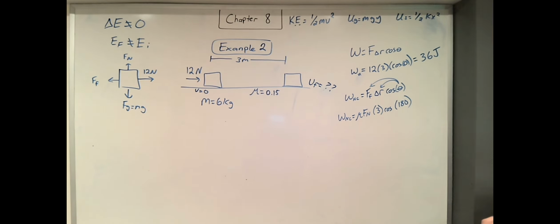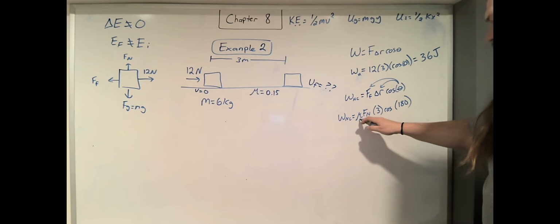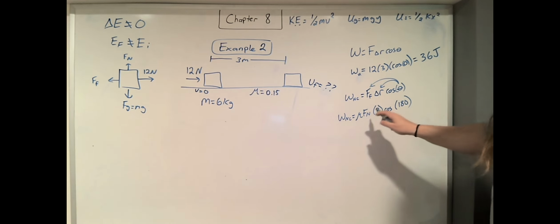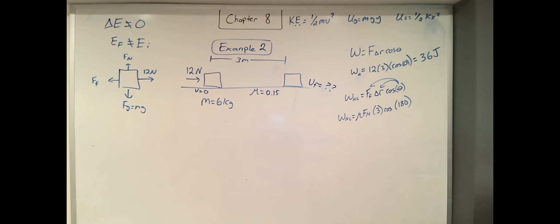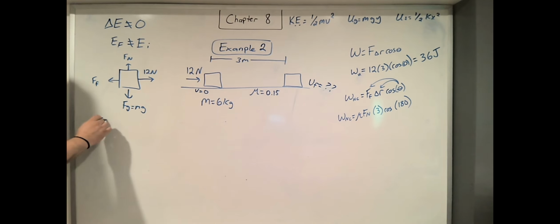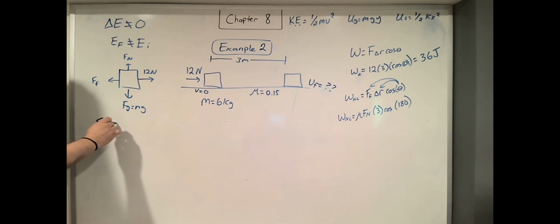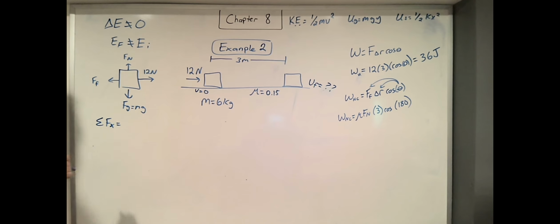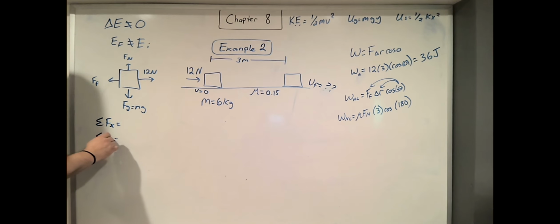Okay? Now, what else do I know here? I know mu, that was 0.015, but I need the normal force in order for friction to take effect. What's the normal force? Well, I come on over here and I sum up everything that's happening in the x, I sum up everything that's happening in the y.